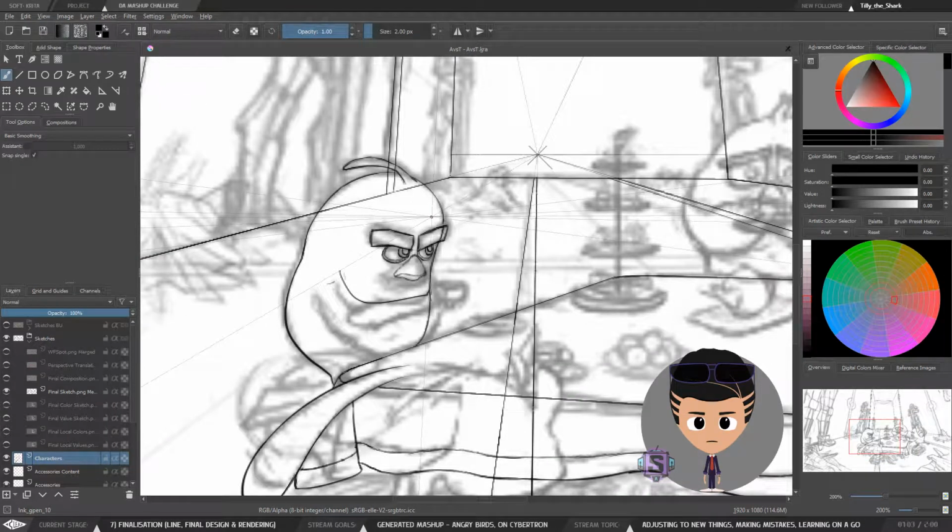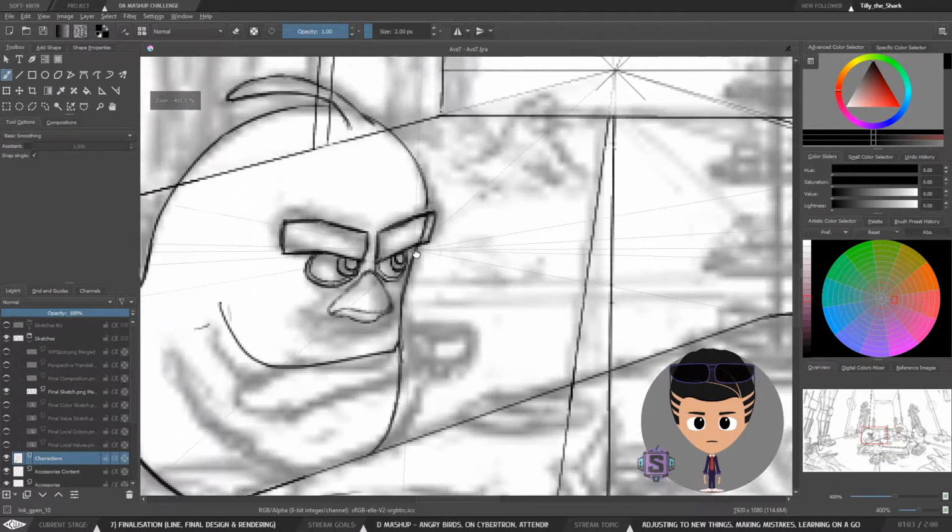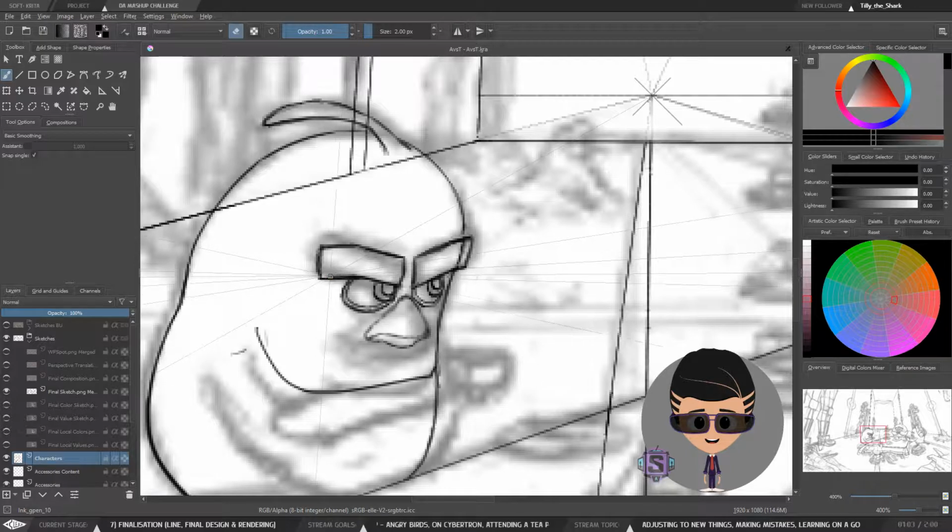Actually make them much larger than they're supposed to be, probably. Let's just try to make them smaller, and see how it's going to look with the smaller brows.